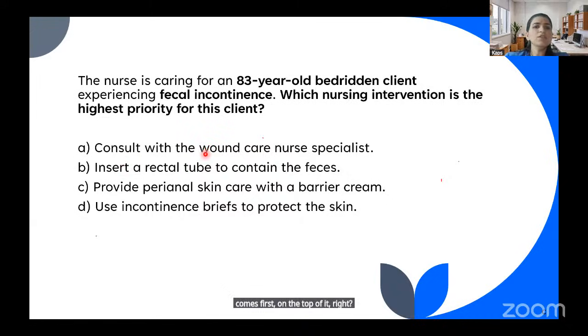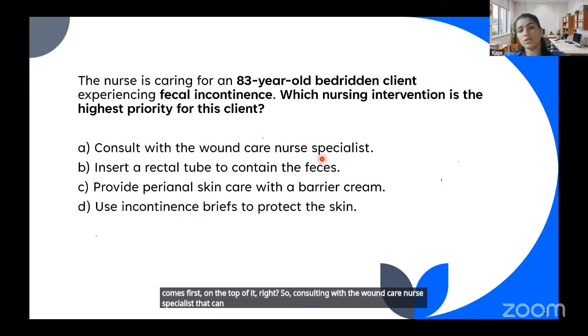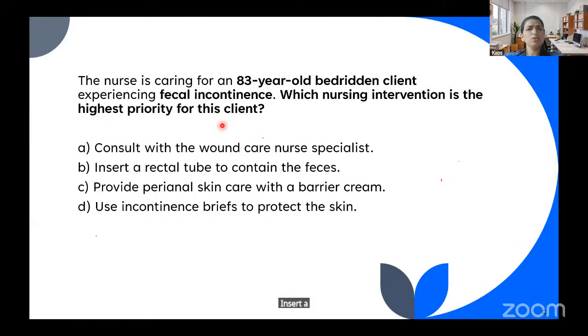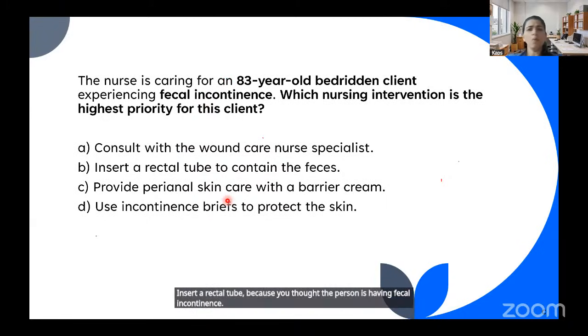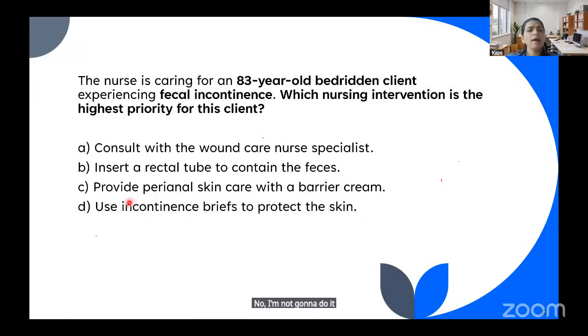So consulting with the wound care nurse specialist, that can wait. This is not something I need right away. Insert a rectal tube because you thought the person is having fecal incontinence? No, I'm not going to do it. And then provide perianal skin care with a barrier cream. Sounds like a good idea.